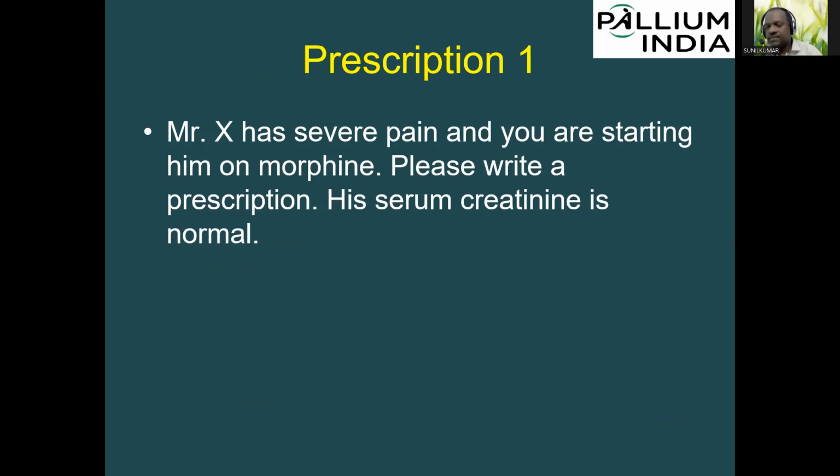Please tell me what all will you write. Tab morphine 5 mg, 4 hourly. Yeah, that's very good. Anything else?